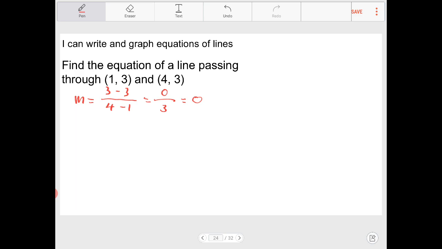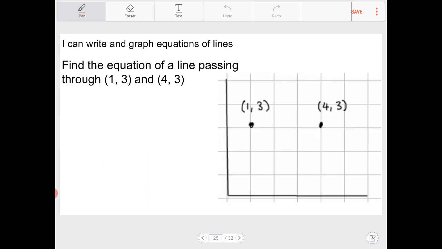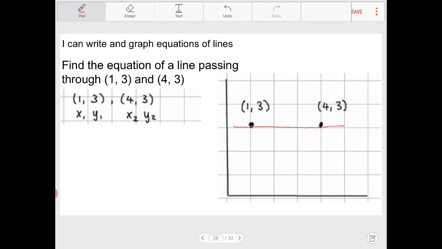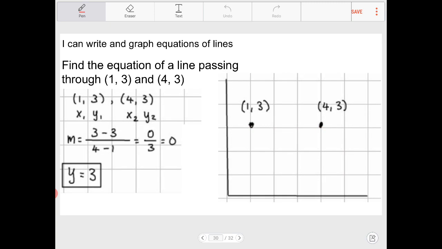So all the y-coordinates on that horizontal line will have a y-coordinate of 3. And if we graph out these two points, we're going to see that. Because of this, the equation of this horizontal line is, again, y equals 3.